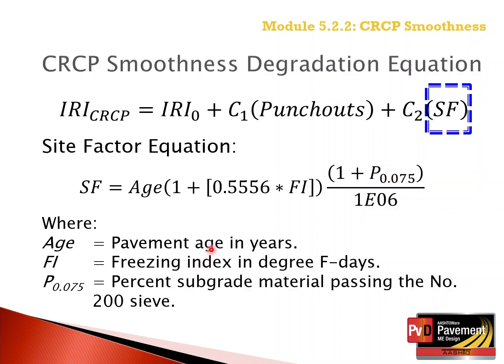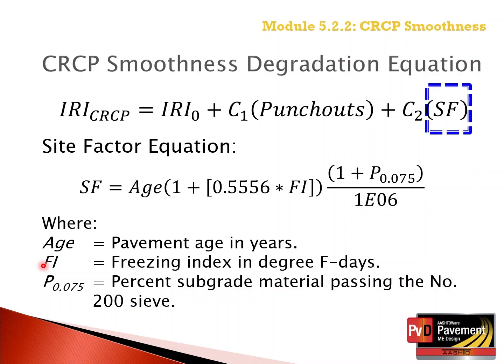Age is the time since construction in years. This includes the cycles of temperature and moisture changes. The freezing index is the annual number of air freeze-thaw cycles. Increased freeze-thaw cycles result in increased IRI due to increased potential for crack spalling.